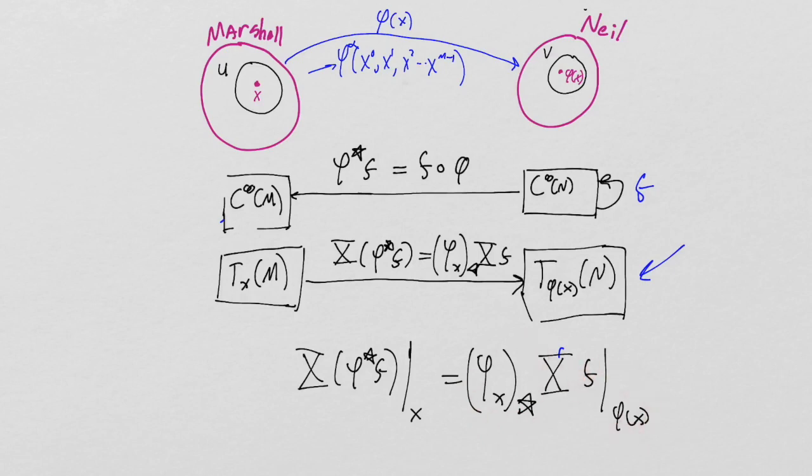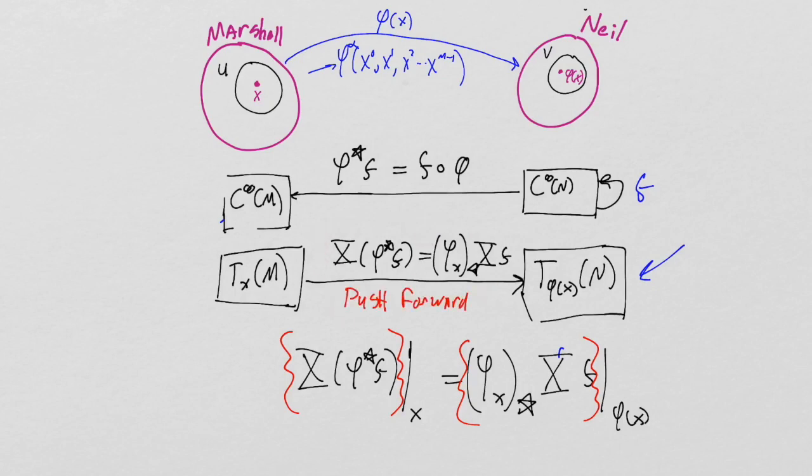In fact, that's probably the proper way to do it, is to put brackets around this, like that. So what you're doing is you're evaluating this whole thing, which is a function here, and then you evaluate that function at phi of x, and here you evaluate this whole thing, which is a function in this, and you evaluate that guy at arbitrary x. And this should be true for all the x's and phi of x's. So this is how you define the push forward.